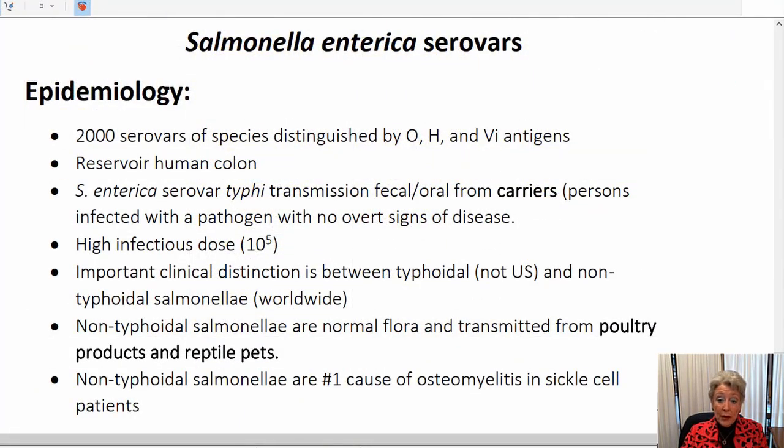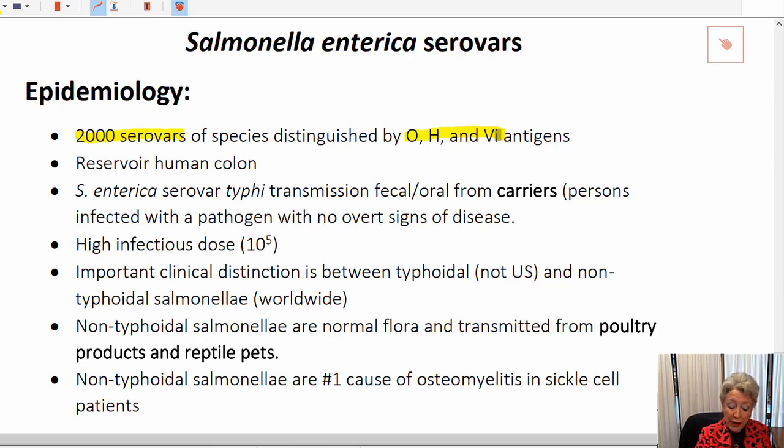So our last member of the Enterobacteriaceae is a very large group within the Salmonella, and there has been quite a bit of taxonomic reorganization, and I am not going to recommend that you have all of it memorized. There are about 2,000 serovars, which are distinguished by their antigens, as we discussed before, but remember that there are really only two important clinical distinctions.